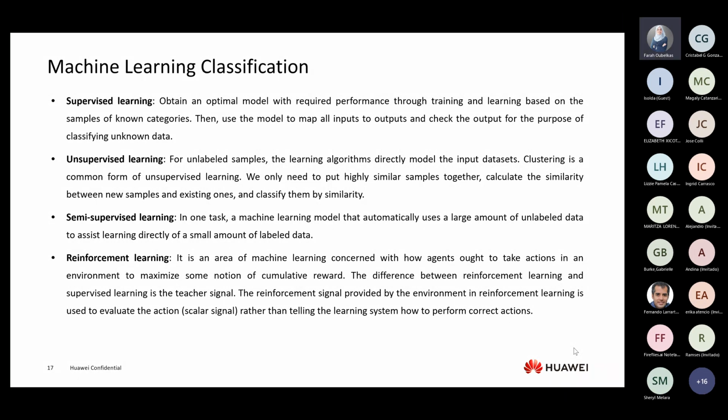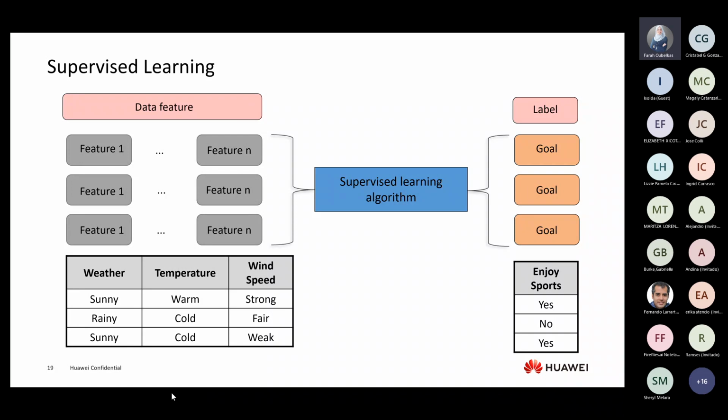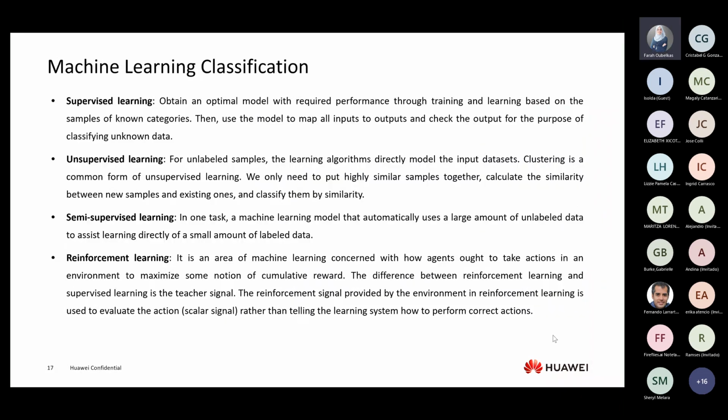And then we have the last one, which is reinforcement learning. Reinforcement learning is actually different from supervised learning and unsupervised learning, the types that we've seen before.